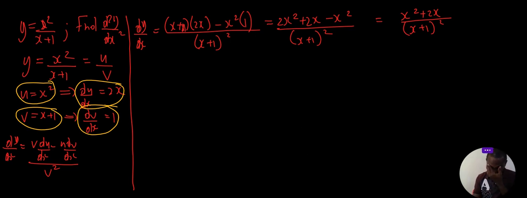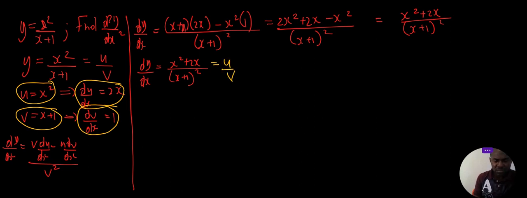But what are we required to find? We're required to find d2y by dx squared, the second derivative. So we can write that dy by dx is equal to x squared plus 2x over x plus 1 squared. Again, this is of the form u over v, and we're going to have to apply the quotient rule once again.